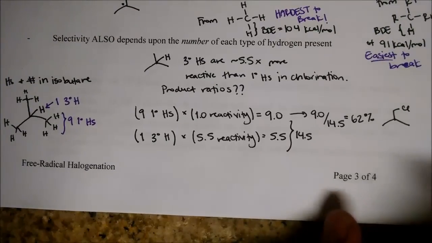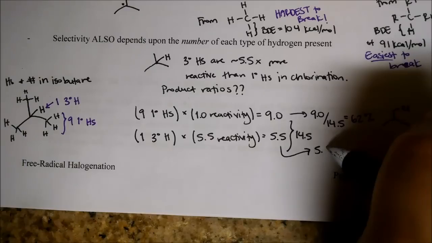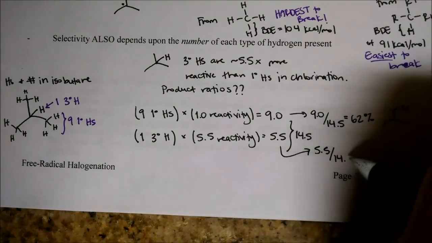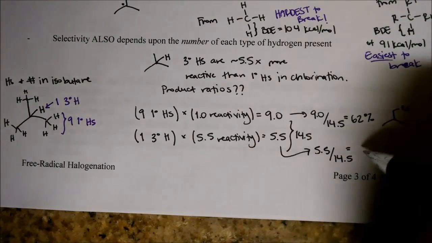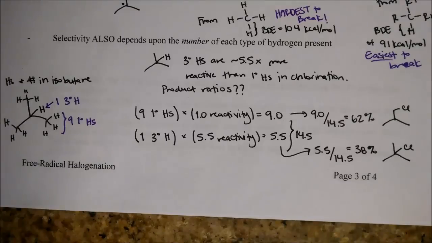And for 5.5, we get 5.5 divided by 14.5, and we only get here 38%. Okay, so 38% of your product will be this guy.